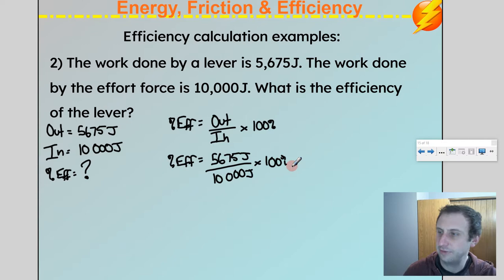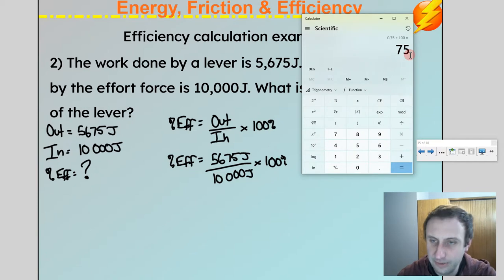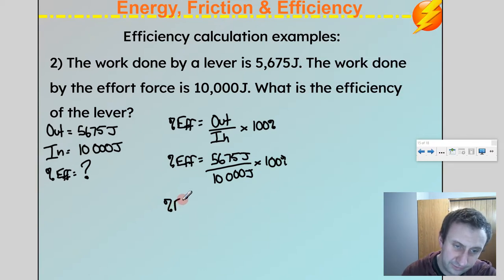Another one where we actually don't need a calculator because I'm dividing by 10,000, so the answer will be 56.75, but let's prove it. 5,675 divided by 10,000 times 100. And I got 56.75 as an answer, so that's my percent efficiency here, just over half.